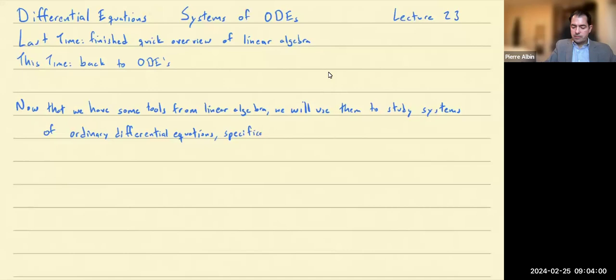Specifically, linear systems of equations.